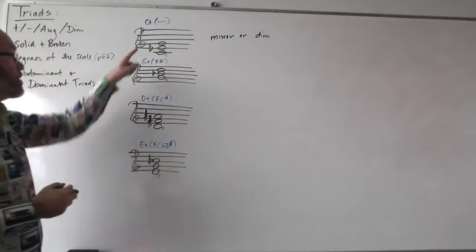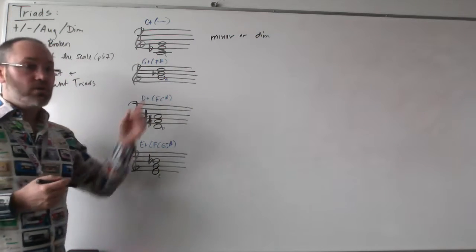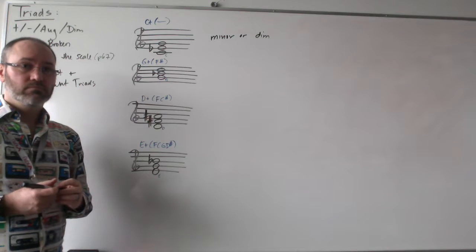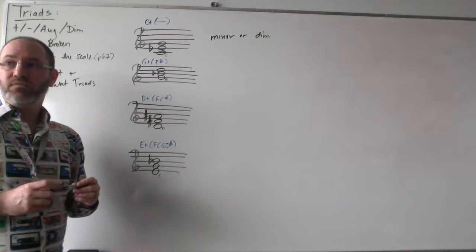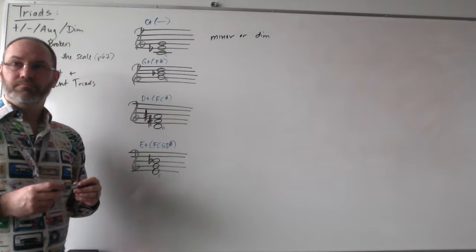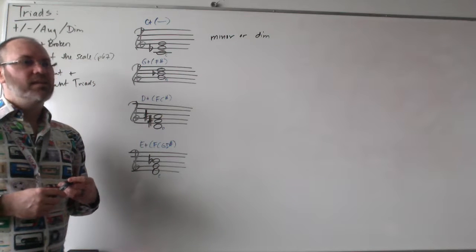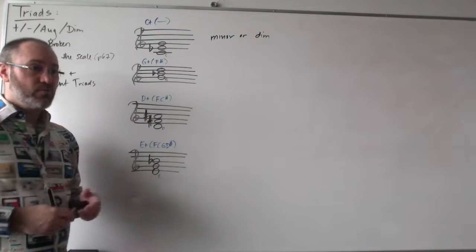All right. So there is no G in the key signature. It's just been left as it is. So is this a perfect fifth, a diminished fifth, or an augmented fifth? It's a perfect fifth. Thank you, Rhiannon.